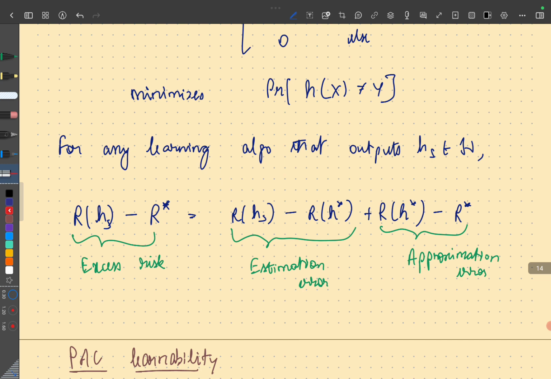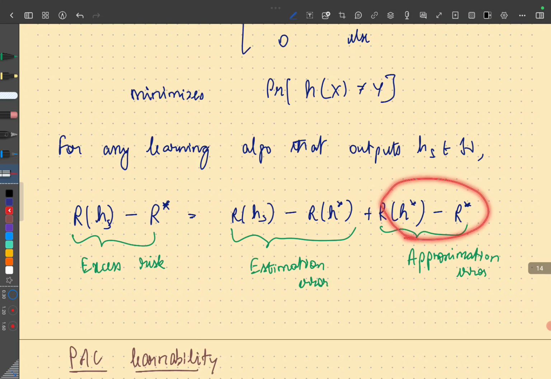So in a sense, we can decompose this into two problems. One, you want to minimize the approximation error. The other, you want to minimize the estimation error. But one thing to keep in mind is that this can't always be decoupled independently. In many cases, there's a trade-off. One way of reducing the approximation error is to choose a richer class of functions, let's say the class of all possible functions.